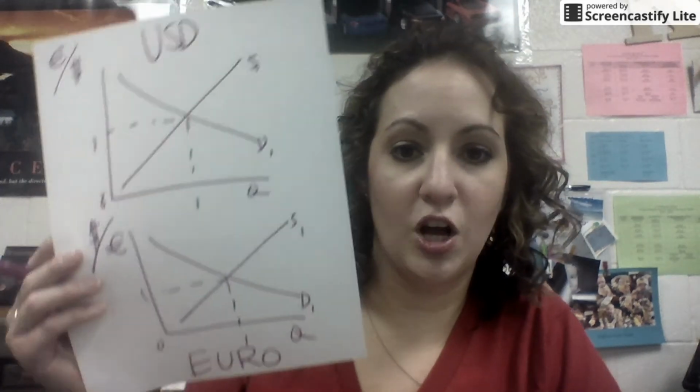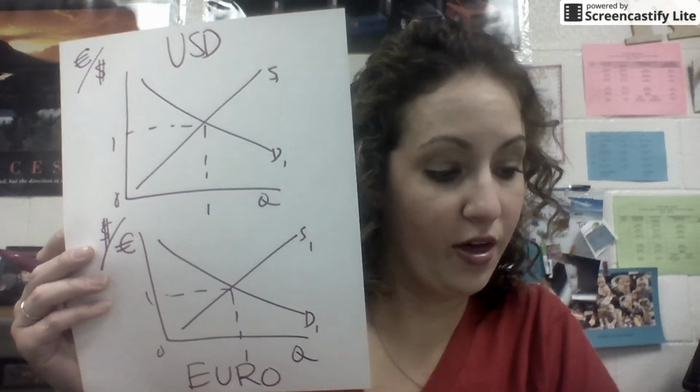Regular supply and demand on each. I put my US dollar graph on the top and my euro graph on the bottom.